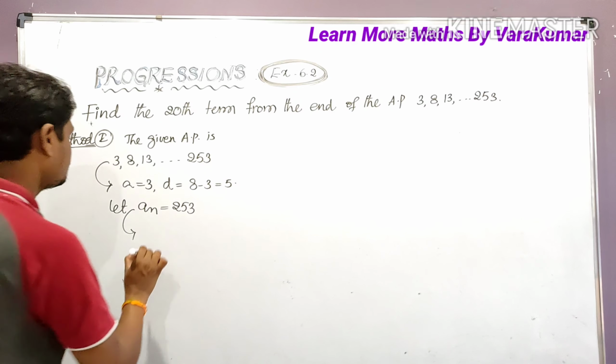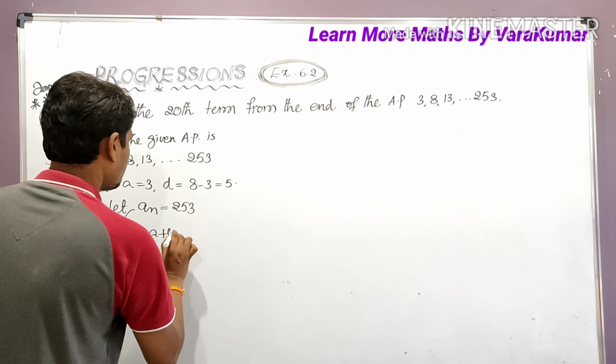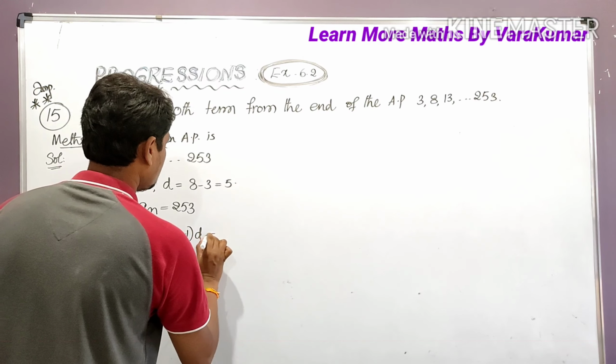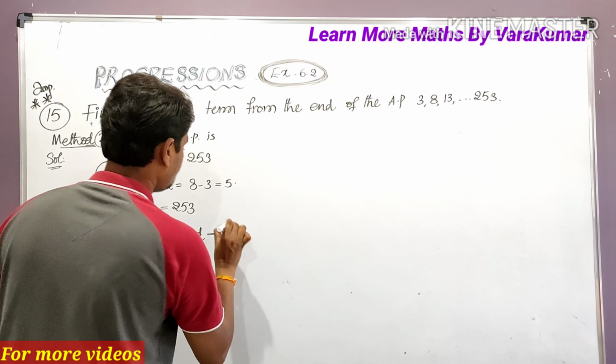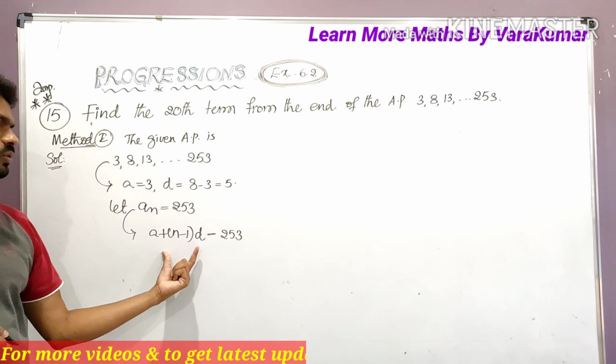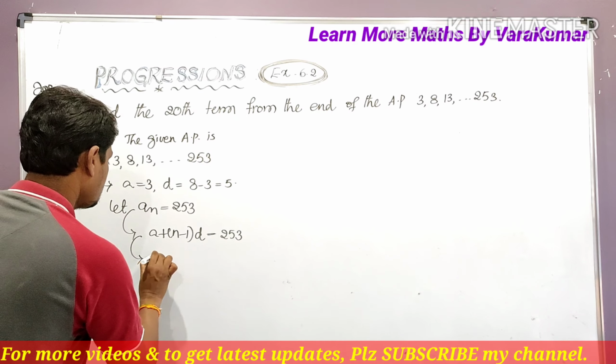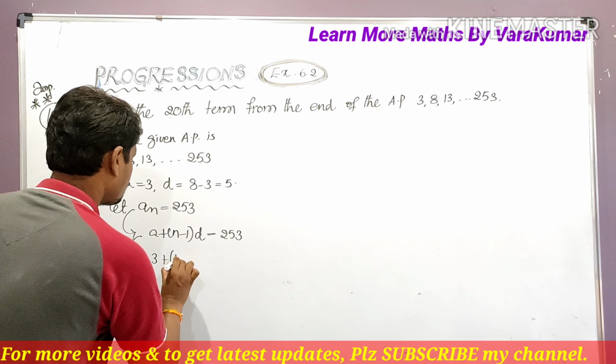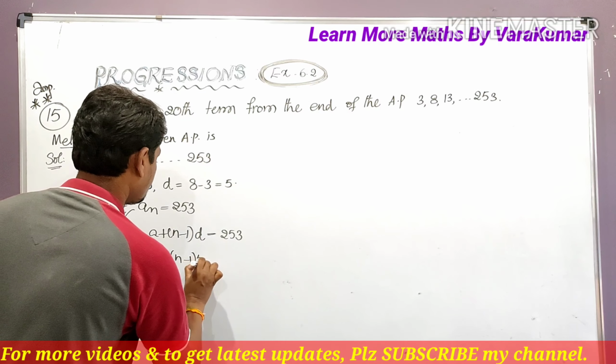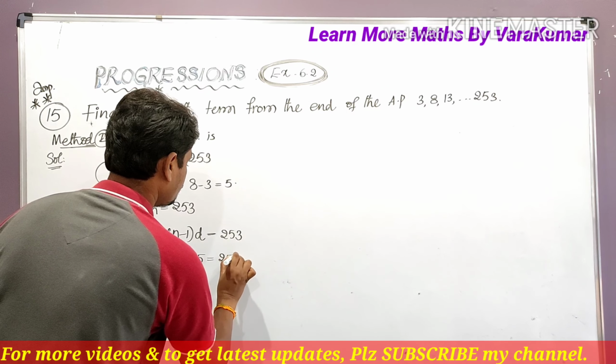AN can be written as A plus N minus 1 into D is equal to 253. Substitute A and D values and find the value of N. Substituting A is equal to 3 and D is equal to 5, we write 3 plus N minus 1 into 5 is equal to 253.